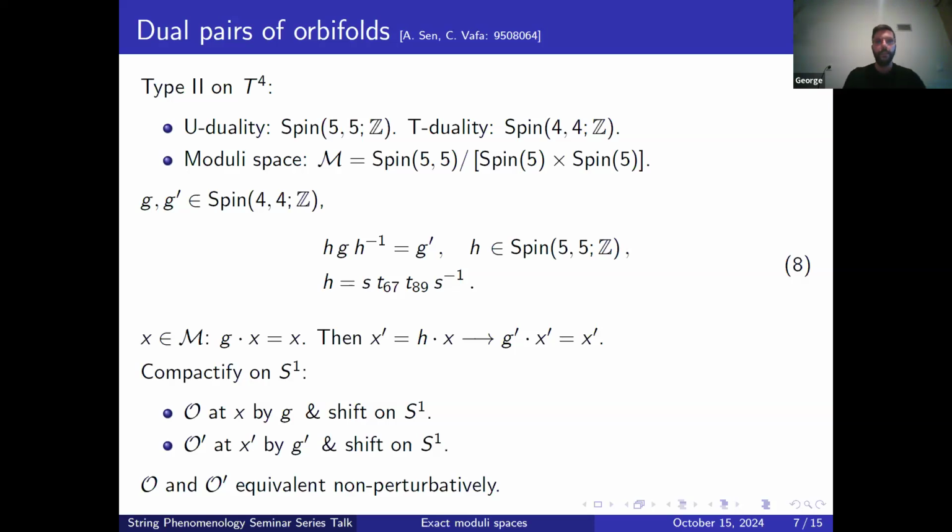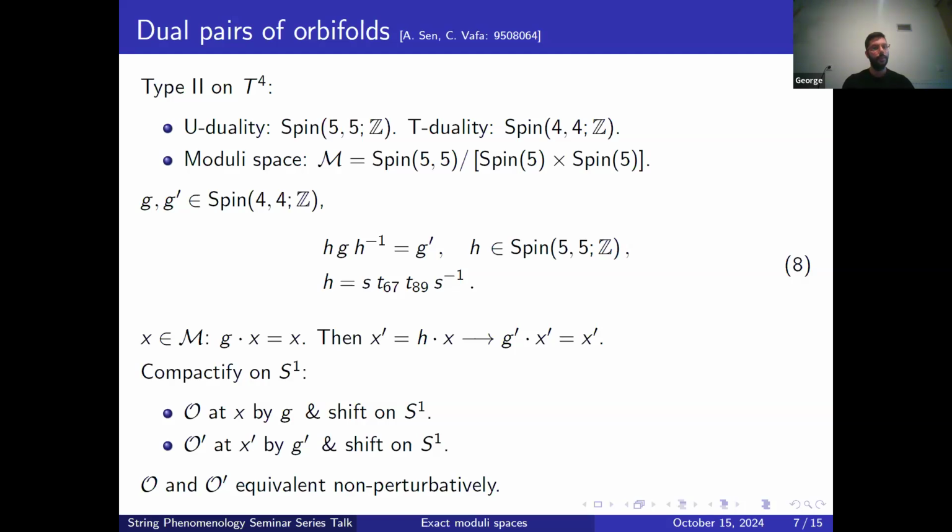The idea to construct the dual pairs is that first we take two elements, g and g prime, which are in the T-duality group of the 4-torus, and which are conjugate in the U-duality group, but not in the T-duality group. This is the first line of equation 8 here.